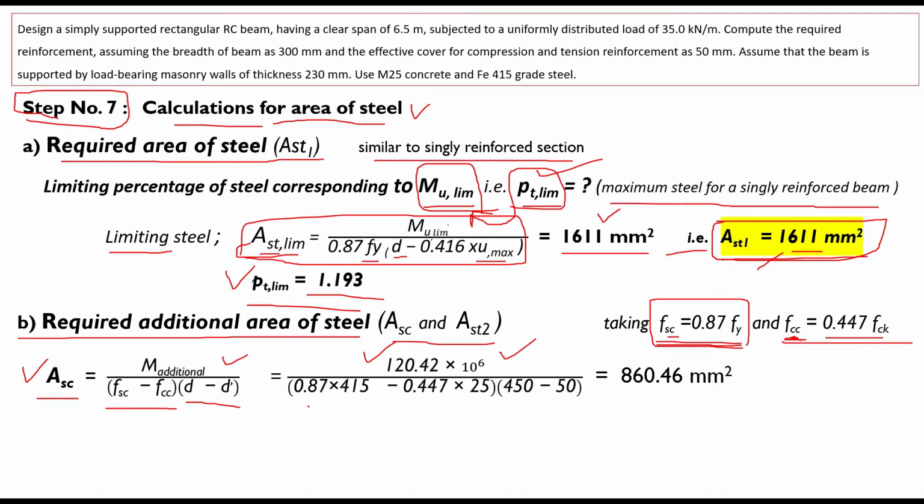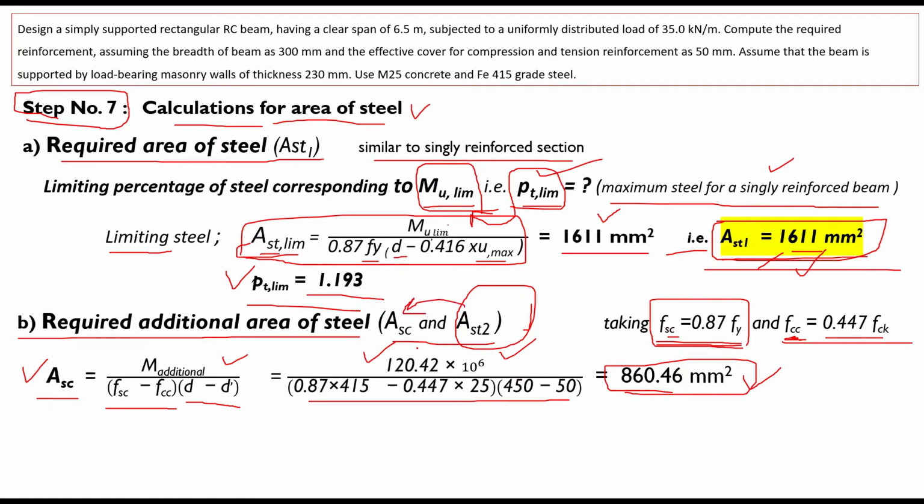After putting all the values, you will work out that ASC required is 860.46 millimeter square. This much area of steel you have to provide on the compression side, and this much on the tension side, as in the case of singly reinforced. But some additional steel you have to provide, AST2, which we are going to calculate, and which will form a couple with this ASC steel.